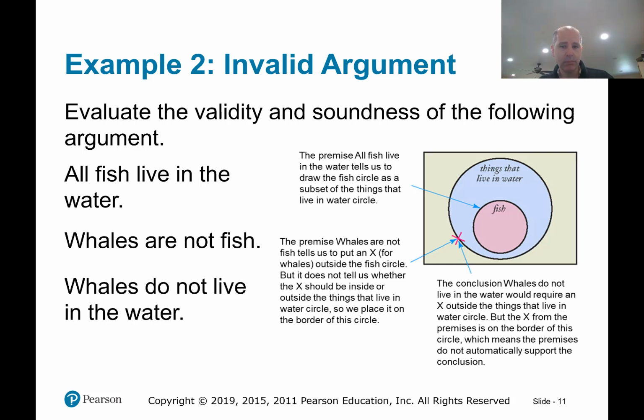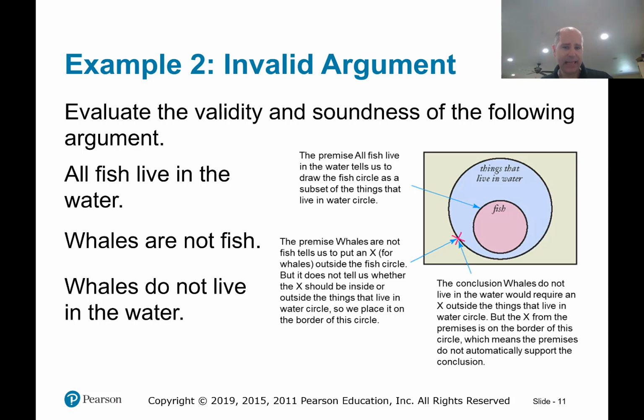Okay. Now, it says whales are not fish. So whales has to be outside the pink circle. But where outside the pink circle? Does the conclusion necessarily follow from the two premises?